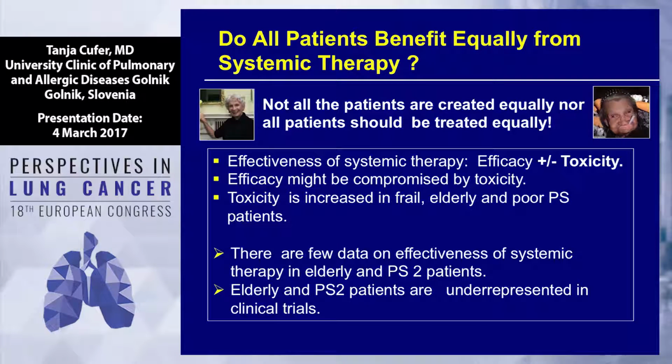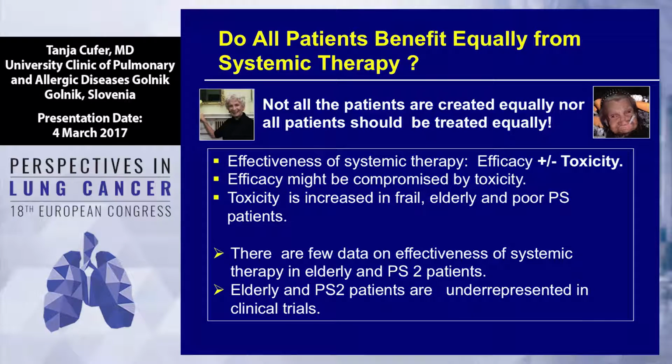There are very few data on the effectiveness of systemic therapy in elderly and performance 2 patients. As you know, until 10 years ago, there were major limitations in the enrollment criteria regarding the age of the patients. Now it's changed.